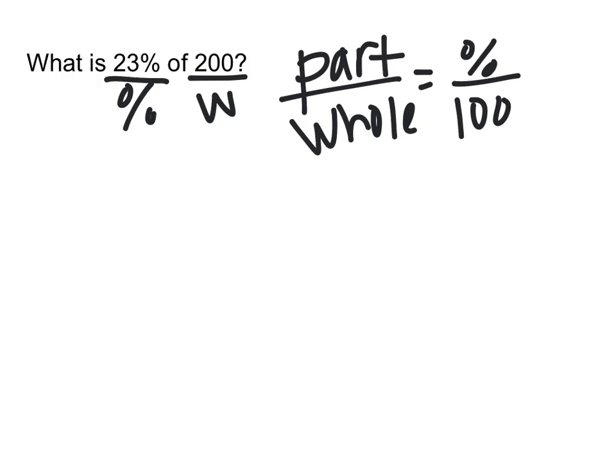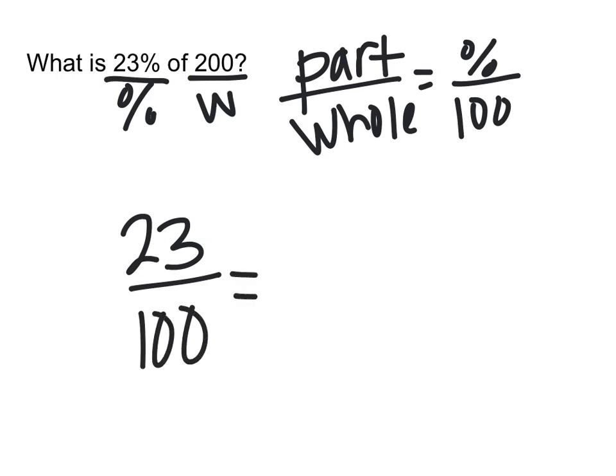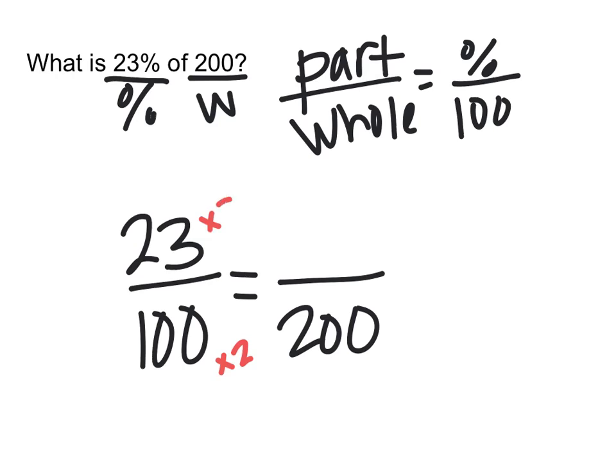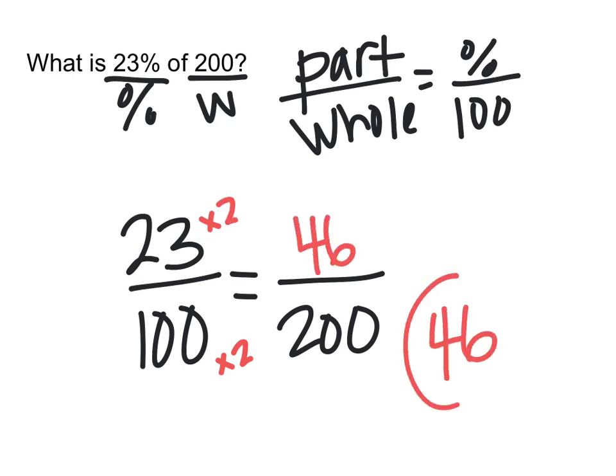So when we set this up, we would set it up as 23 over 100 equals something over 200. And so I know that I can get directly from 100 to 200 by multiplying by 2. And 23 times 2 is 46. So my answer to this first question is 46.